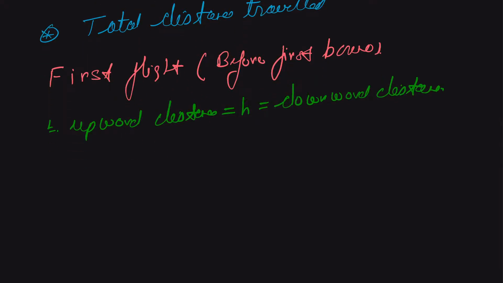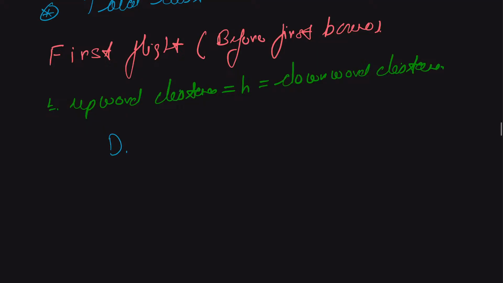Therefore for the first flight we can write d naught will be equal to 2 times h, that is h plus h.